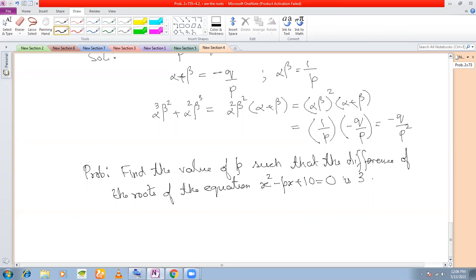If the roots of x square minus px plus 10 equal to 0 are alpha comma beta, find the quadratic equation.